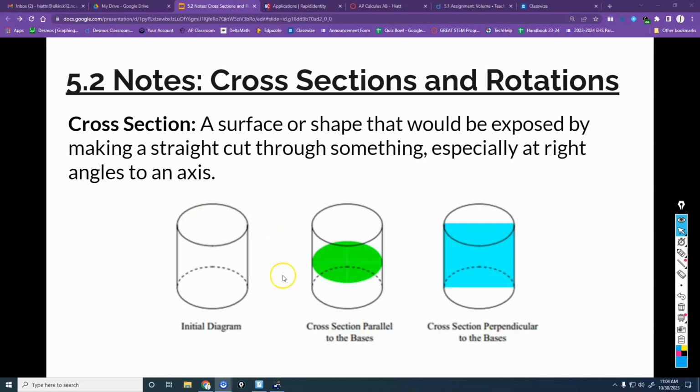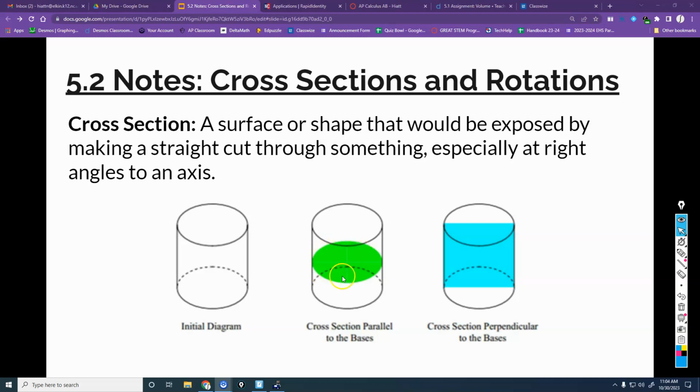The two you're going to be asked about most often are a cross-section parallel to the base or perpendicular to the base, although it can ask you about slanty ones also. If we took a cylinder and cut it perpendicular to the base, so like cut it in half.